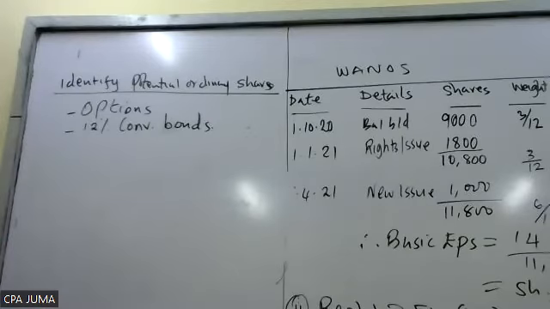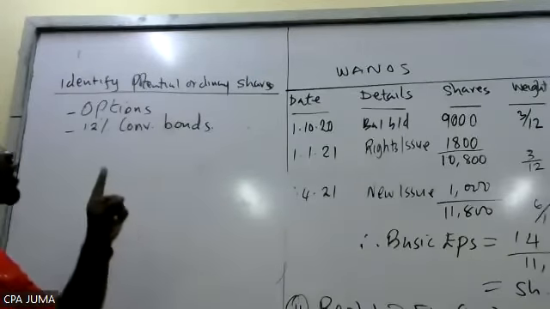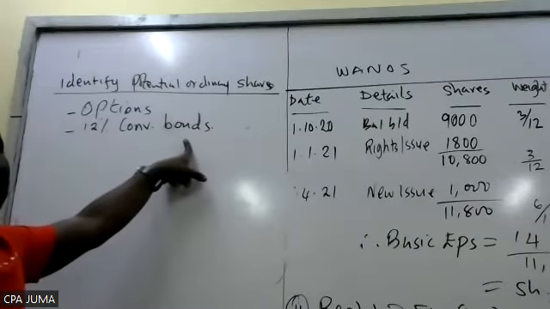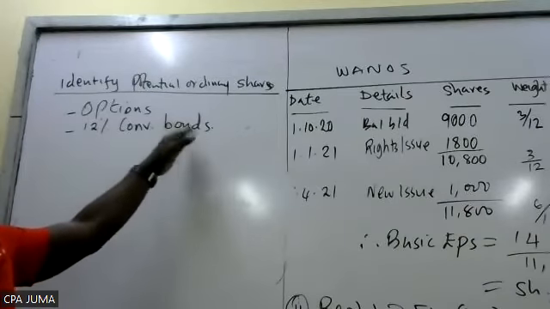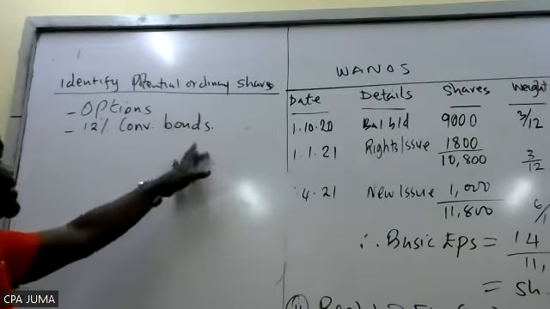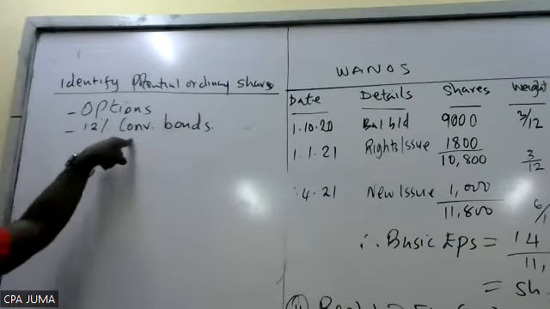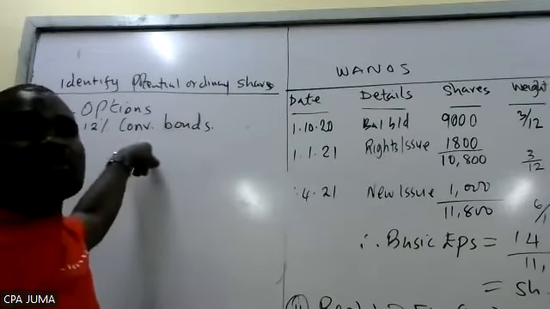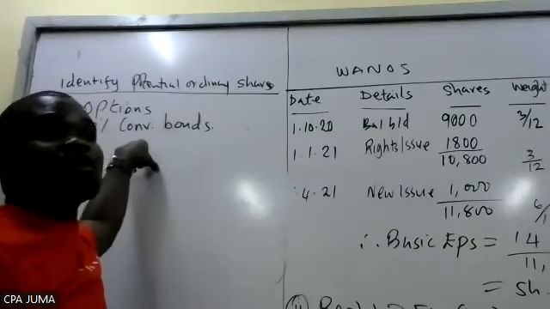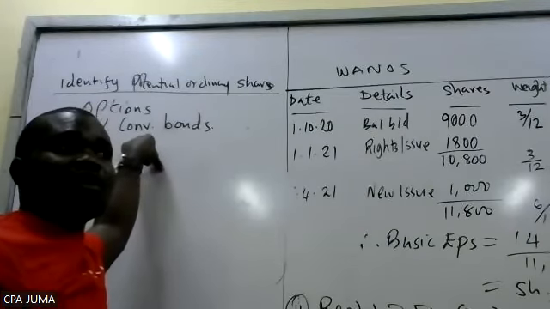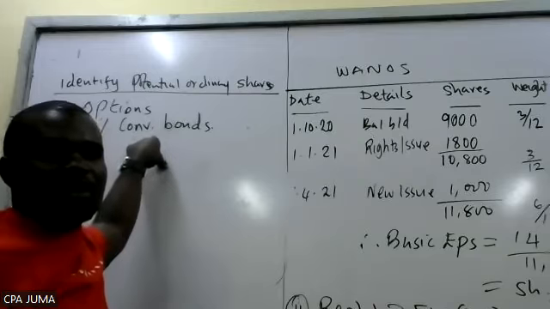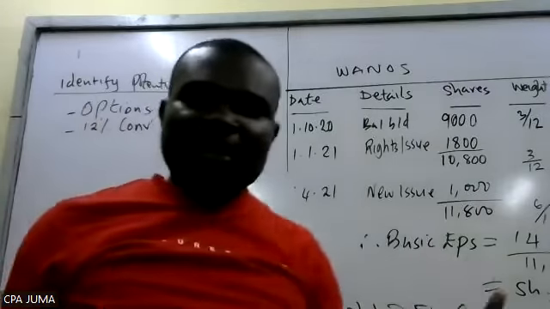Please, kindly stop what you are doing, listen to this. For bonds, debentures, loan stocks, and preference, it must have this clause, convertible. If the clause convertible is not there, then it is not potential. Not all of them must be converted.